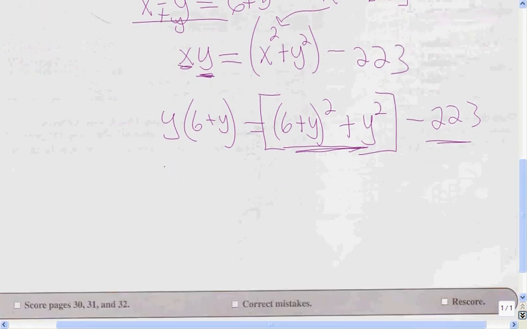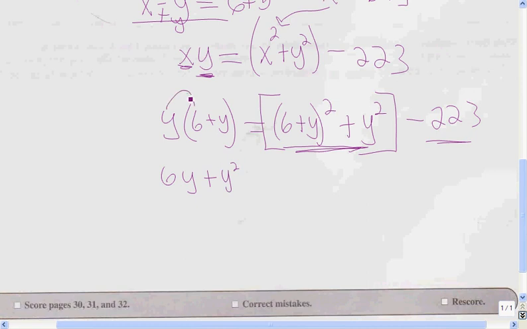So what I get is 6y plus y squared, because y times 6 is 6y, and y times y is y squared, equals 6 plus y times 6 plus y, plus y squared minus 223.